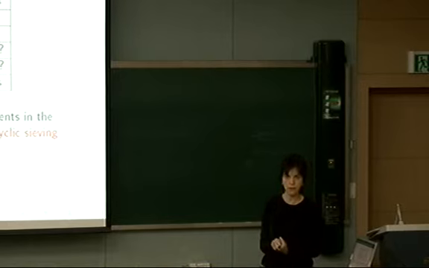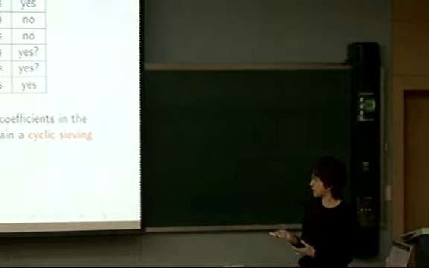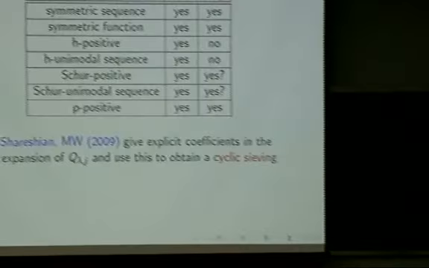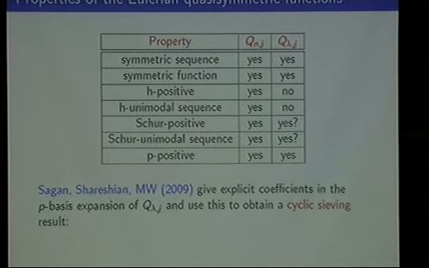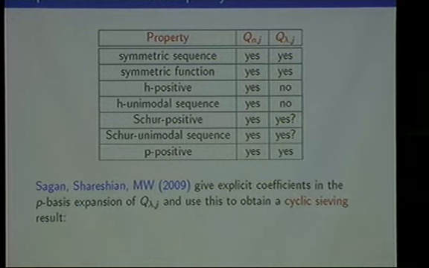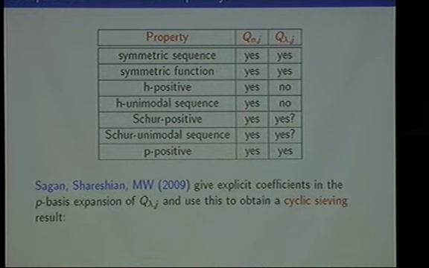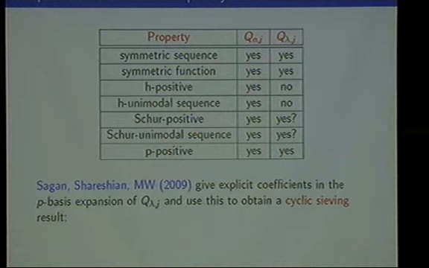I won't say what they are. I'm speaking at the meeting in San Francisco, so I will be talking about this there. But what's very interesting about this is we're able to use those coefficients to obtain a cyclic sieving result. And so let me say what that result is.